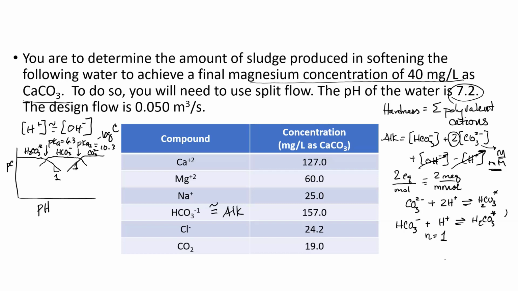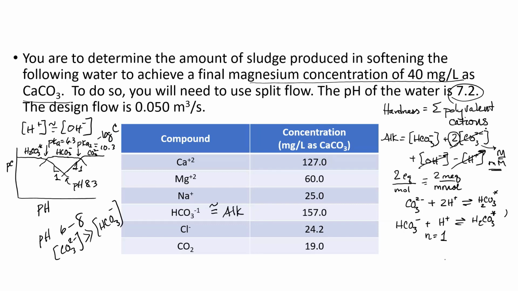And this also decreases with a slope of 1. These tend to cross around a pH of 8.3. So if we're in this pH range from about 6 to 8, then the concentration of carbonate is small compared to the concentration of bicarbonate.